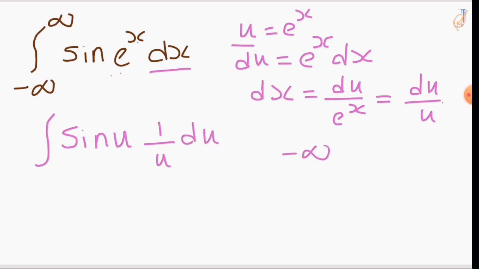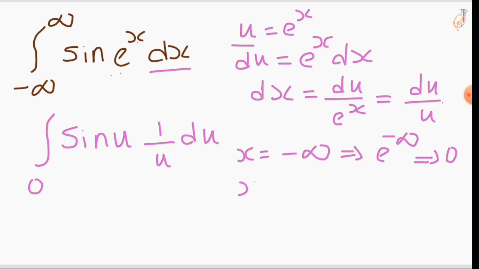If you consider x as minus infinity, then you take e^(minus infinity). That means you are taking e raised to a very large negative number. The result is approaching 0, isn't it? So e^(minus infinity) is 0. This is the lower limit, so your lower limit converts into 0.